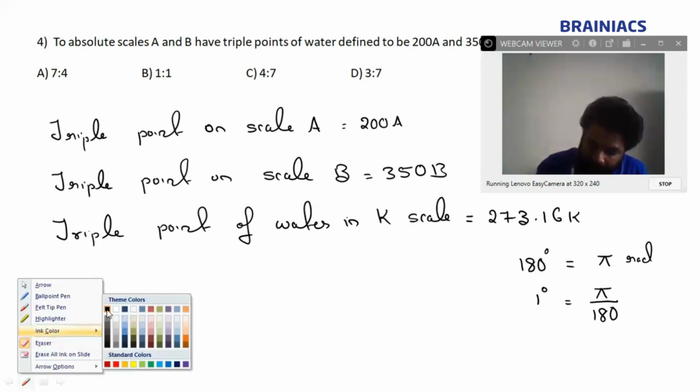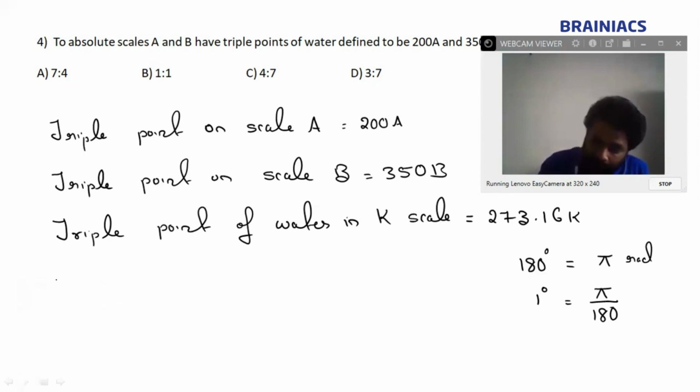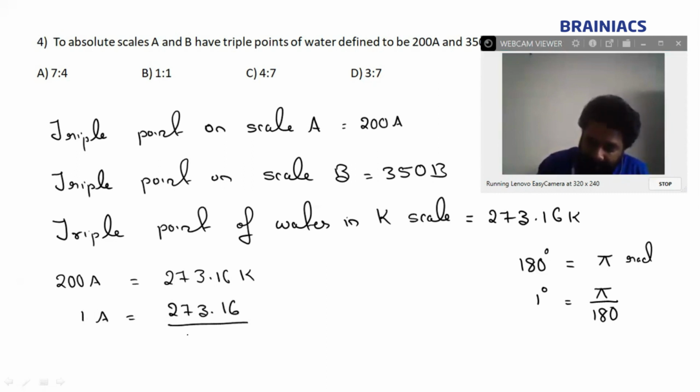Here, 200A is actually 273.16 Kelvin. So 1A is equal to 273.16 Kelvin divided by 200.